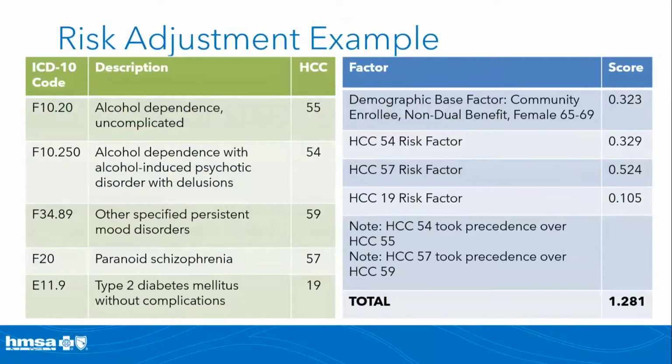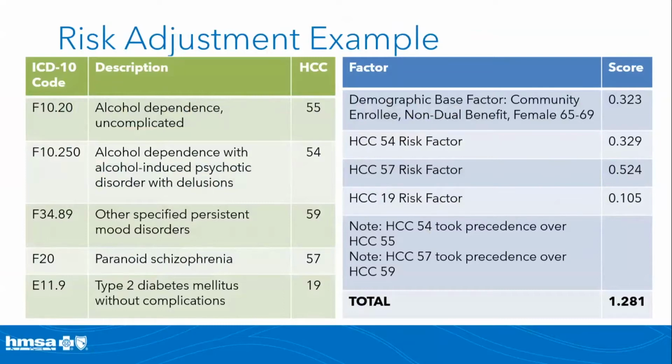In this example, in the chart on the left, we have a patient who's been diagnosed with 2 different alcohol dependence diagnoses, other specified mood disorder, paranoid schizophrenia, and type 2 diabetes without complications. Each of these 5 diagnoses map to an HCC as you see listed in this chart.